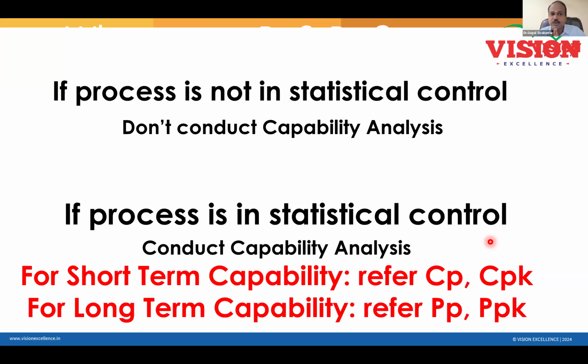You are not correct, isn't it? You are logically wrong, and that mistake you should not do, right? So the process must be in a state of statistical control to perform the capability analysis, be it Cp, Cpk, be it Pp, Ppk. The primary requirement is statistical control. Then only you can conduct the capability study, otherwise no.